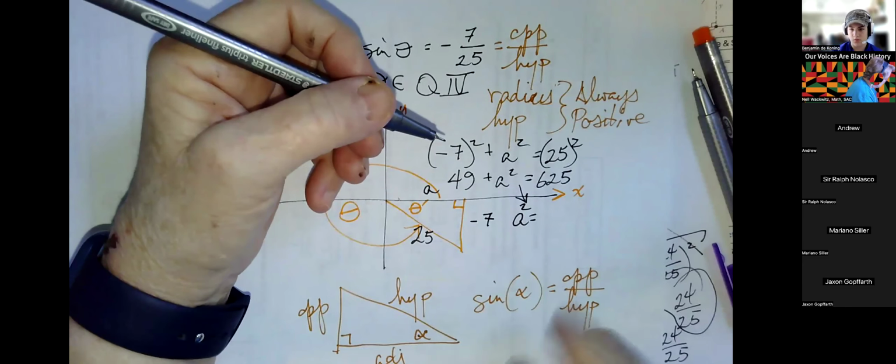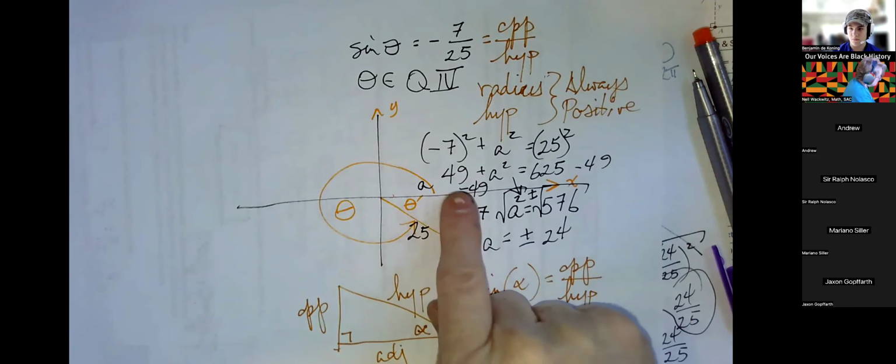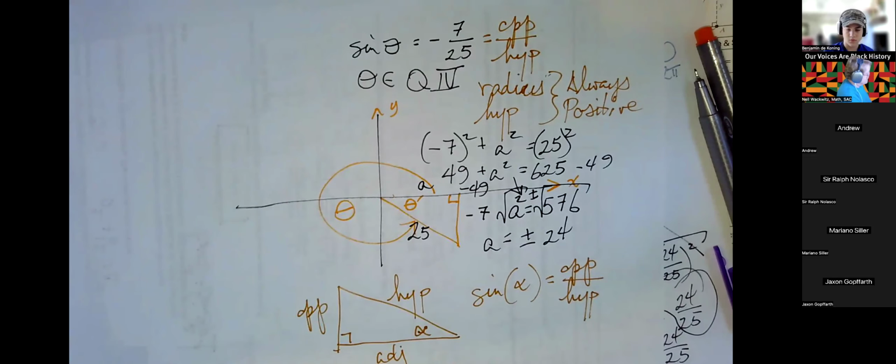And then the square root of both sides would be plus or minus 24. And now it's kind of easier to see the sign of A, because we've got a triangle that shows that it's going to be positive.